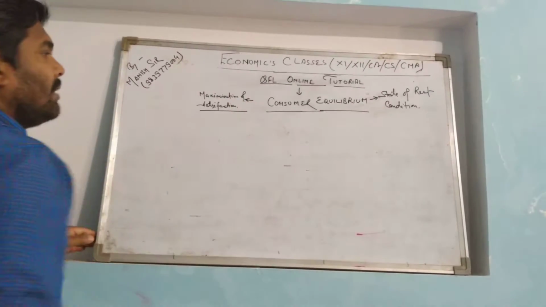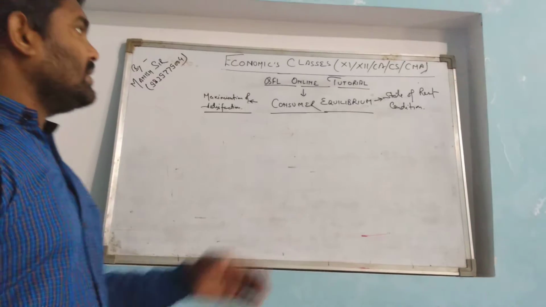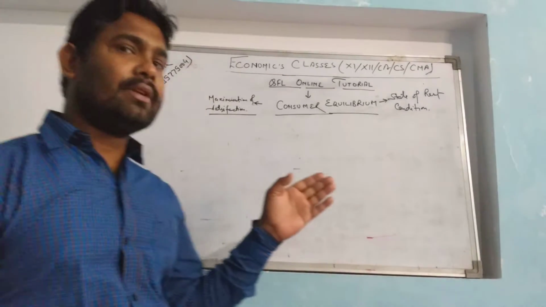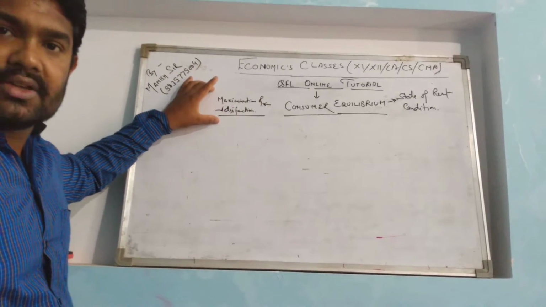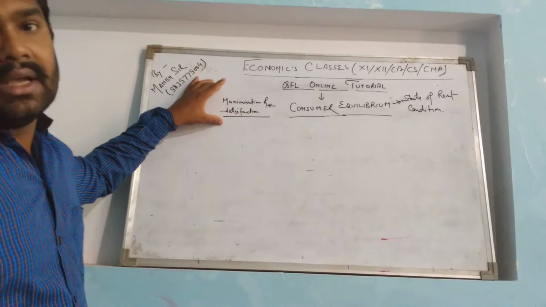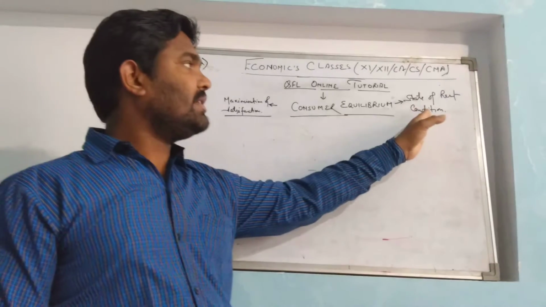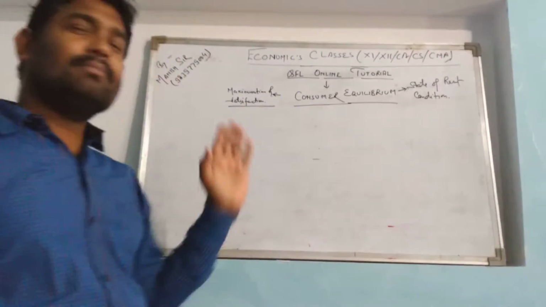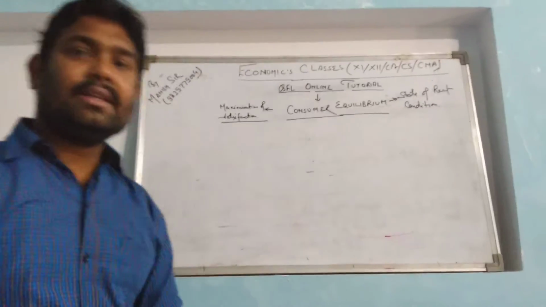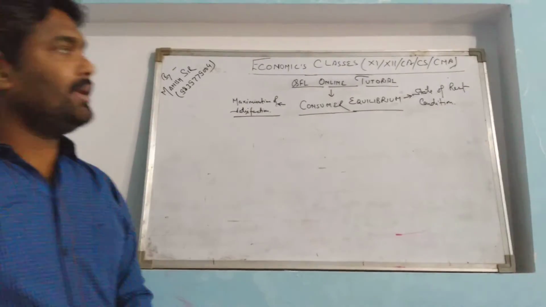So when we combine these two things, what is consumer equilibrium? It is a state of rest condition where a consumer gets maximum satisfaction. It is known as consumer equilibrium.